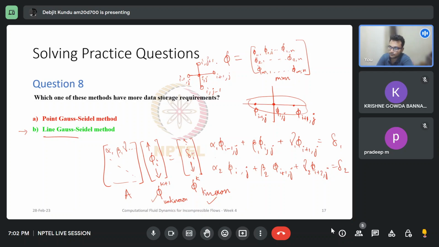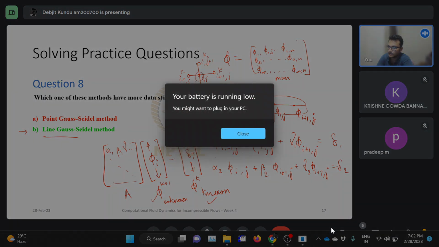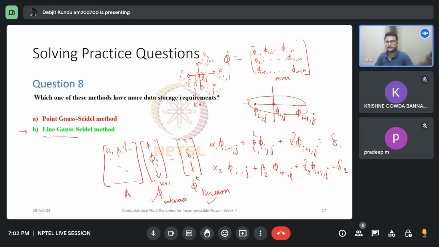All these points would be from the kth iteration, and this one we will find out from the k plus 1th iteration, right?